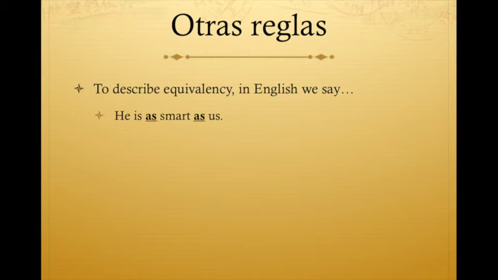More rules to consider. If we wanted to describe equivalency, instead of saying more or less than, we can sometimes express equivalency by saying we are as short or as smart in this instance. In English, we say he is as smart as us. So we have the word as used twice to express equivalency.